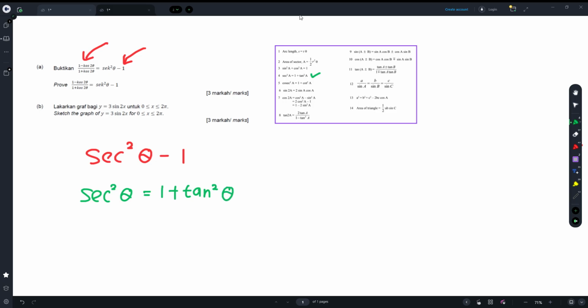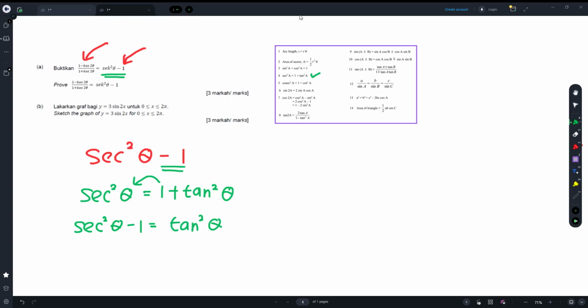Because here I have minus 1, I bring this 1 to the other side, so secant square theta minus 1 is equivalent to tangent square theta. So obviously my right hand side is equivalent to tangent square theta.